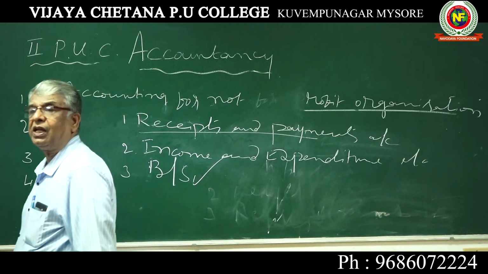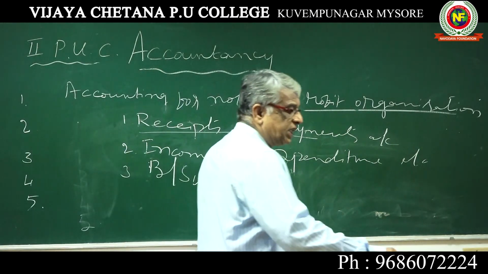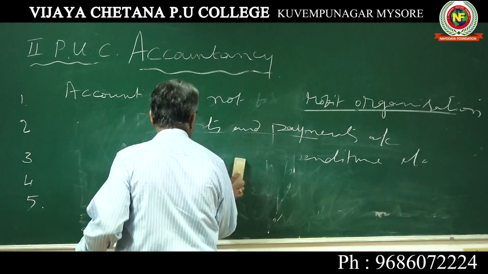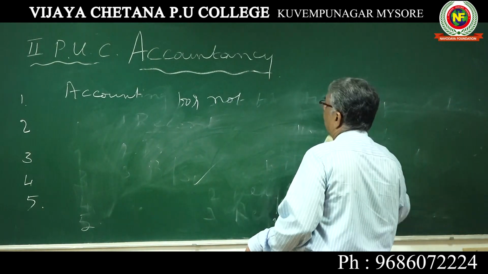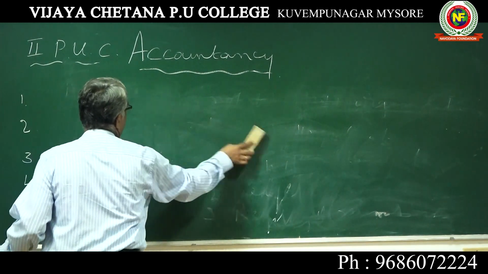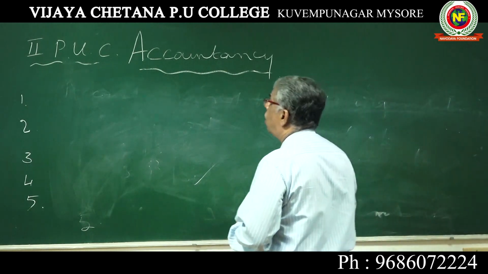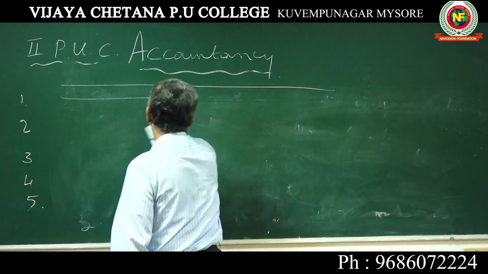Now let us study the differences between the receipts and payments account and the income and expenditure account. This is very important. They are going to ask this for 6 marks. Sometimes they ask you to distinguish between the receipts and payments account and the income and expenditure account.